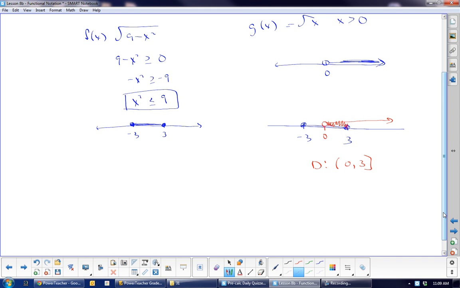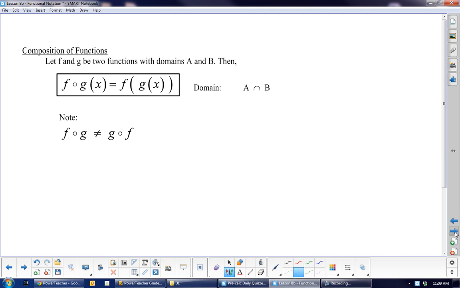So that's all that we don't really get into that as much in 30-1. We just do the functions and stuff, and then you can find out the domain at the end. But just realize that it's always going to be the intersection of the two domains. Okay? Now, f of g of x means put g of x inside of f of x.